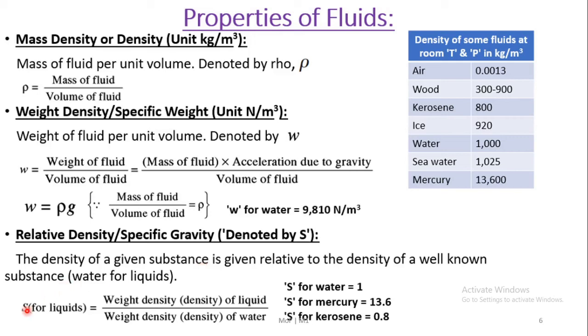So relative density or specific gravity is defined as the ratio of the density of the liquid to the density of water, or the ratio of the weight density of the liquid to the weight density of water. For water this value is 1, for mercury this value is 13.6, and for kerosene this value is around 0.8. So we can say mercury is a heavier liquid as its specific gravity is greater than 1, but kerosene is a lighter liquid as its specific gravity is below 1.